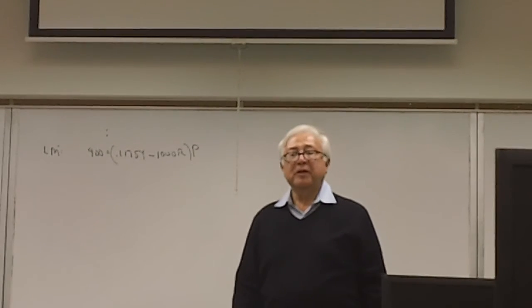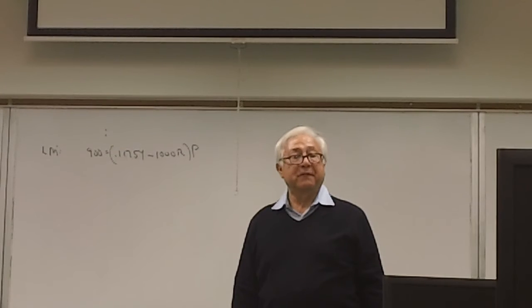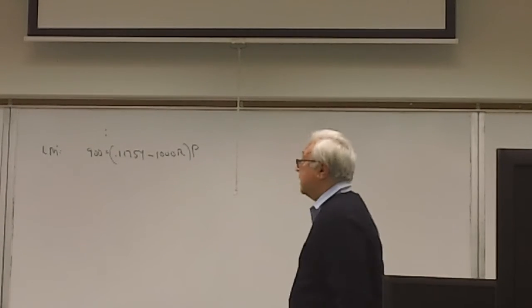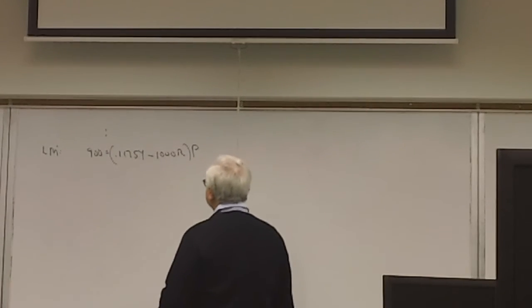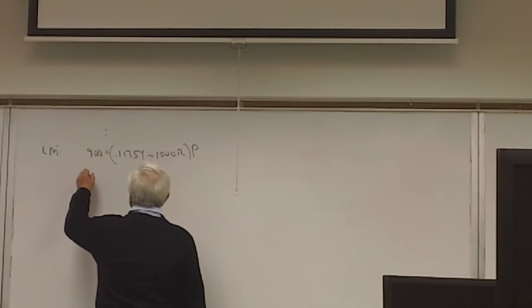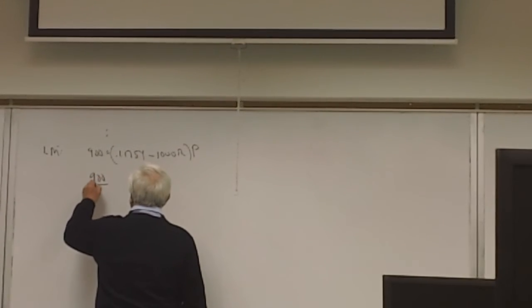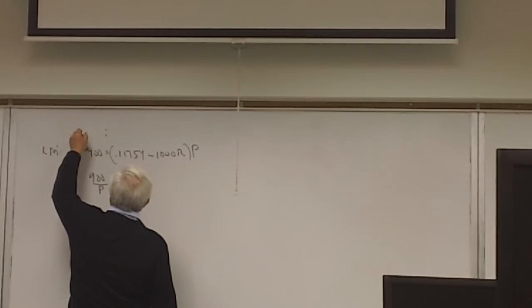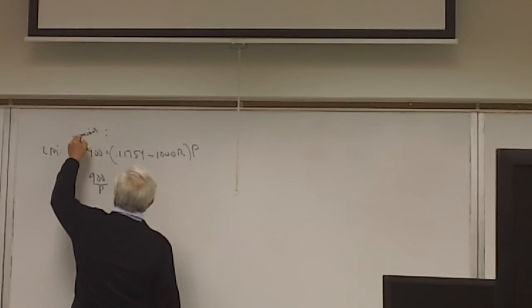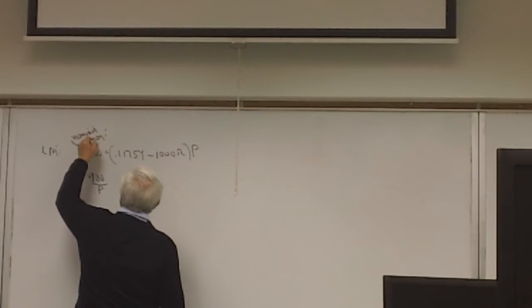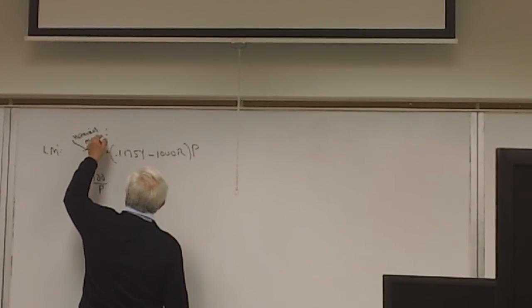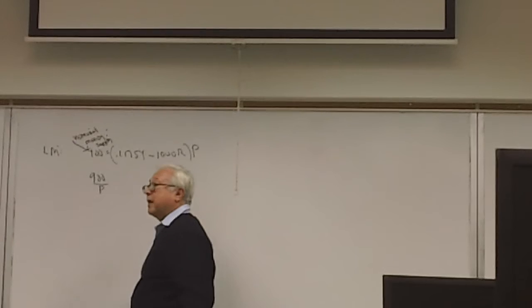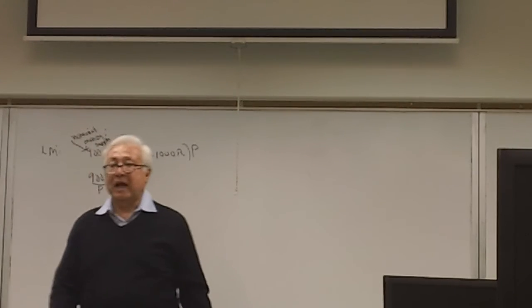But suppose we don't take P out. We leave P as a variable. Then the LM curve will change like this. Now this is the nominal money supply. In other words, that's the money supply in current values, current dollars.